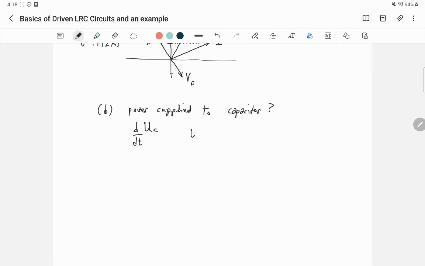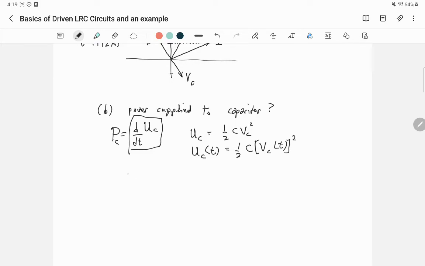Well, the energy stored in the capacitor is 1/2 C times the voltage of the capacitor squared. So this capacitor energy is actually a function of time. Capacitance is not a function of time, but the capacitor voltage is a function of time, and we have to square it. So if I want to know this, this is what the power is, the capacitor's rate of energy gain.